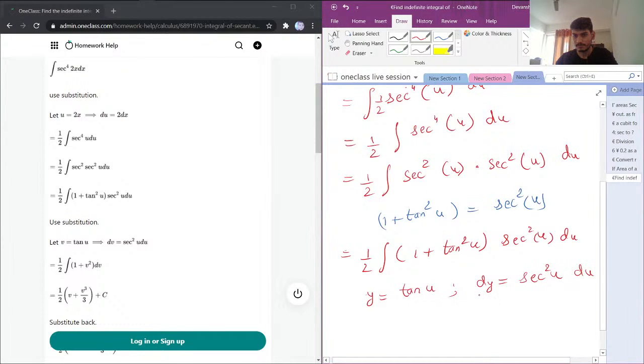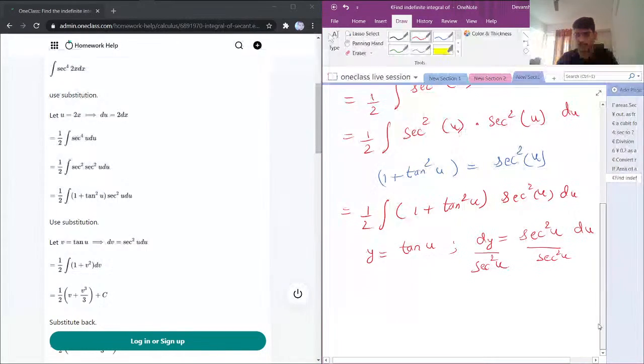Now I will divide both sides by secant square u, and go back to my integral and substitute the values.